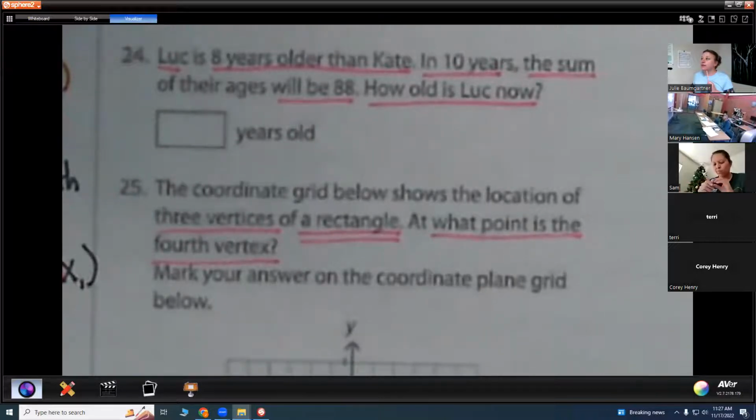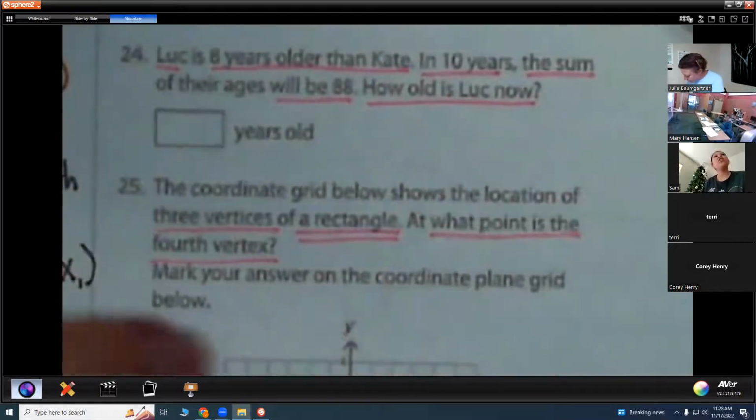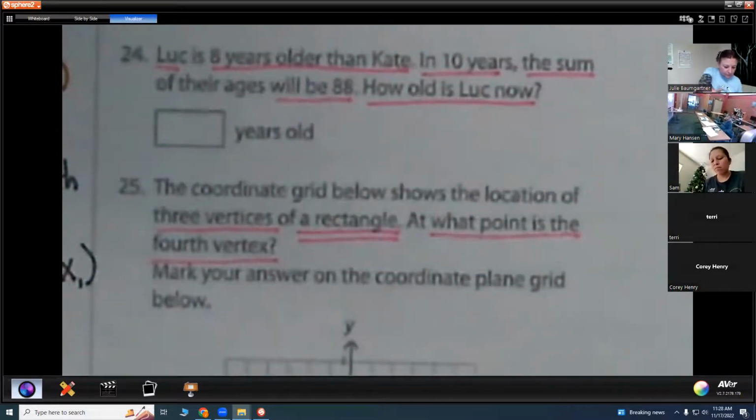Anyone else get a different answer? 70? Okay. Because it says he's 8 years older than Kate, and he's going 10 years. And combined, it sums up to be 88 with both together. Who says 48 and Kate 40?